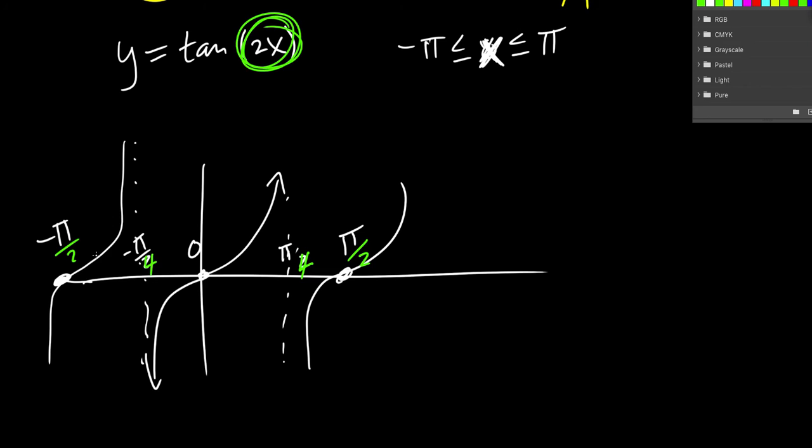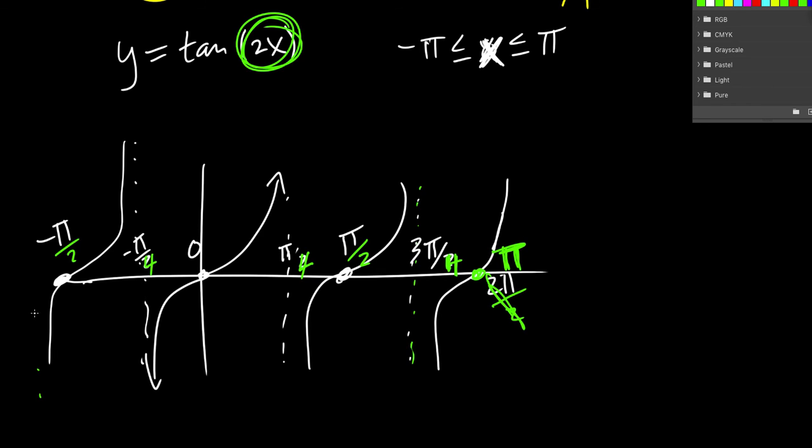Now, we didn't spread out enough because we need to go from negative pi to pi. In the original, this would have been 3 pi halves, and this would have been 2 pi. If we divide those both by 2, that's 3 pi fourths, and then the 2's cancel here, and this gets us to the pi that we were hoping for.